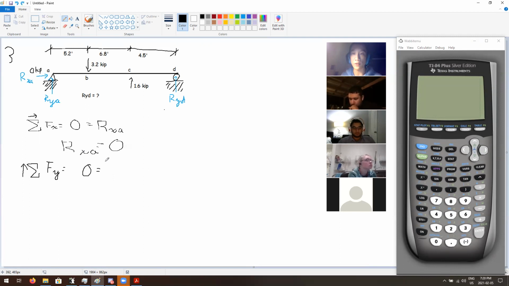So summation of all the forces in the y direction, assuming that all the forces going up are positive. Let's scan this real quick. There's a vertical one right there. R sub y A is going in the up direction. Over here, there's 3.2 kips going down, so minus 3.2 kip.